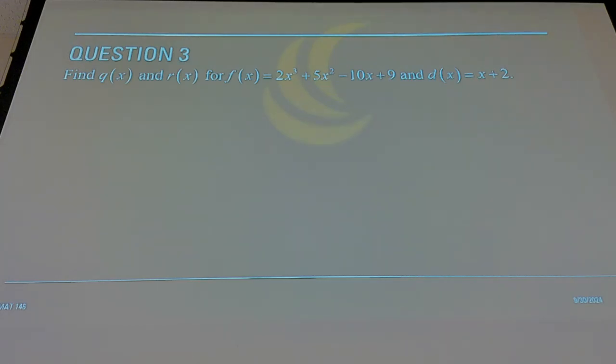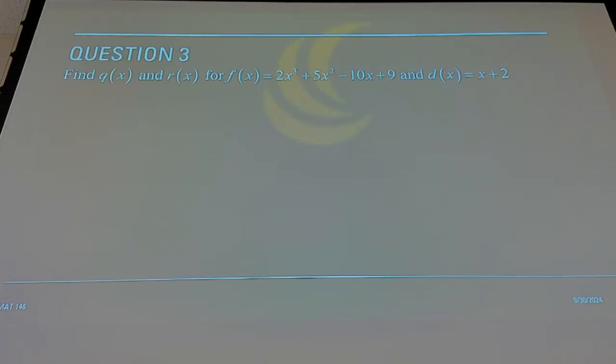So here's how synthetic works. First, you look at the divisor. What is k? It is not positive 2. Remember, it has to be of the form x minus a number.